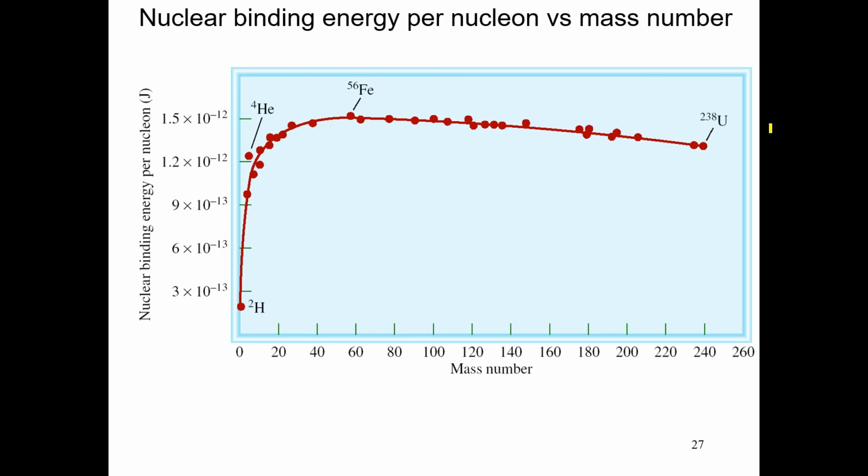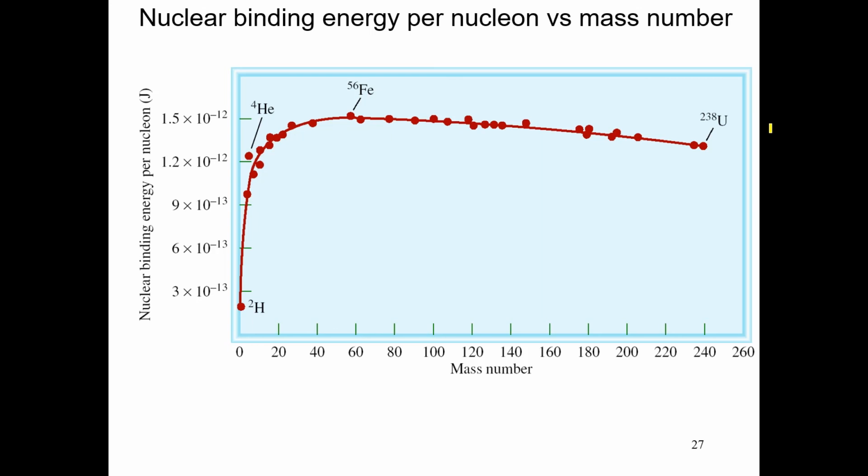Notice that it increases and it peaks somewhere around iron 56, after which it starts kind of dropping off, right? Notice that? So again, remember, the higher the ratio of nuclear binding energy per nucleon versus the mass number, the more energy is required to break it into individual particles, and therefore the stronger the attractions in the nucleus, the more stable it is.